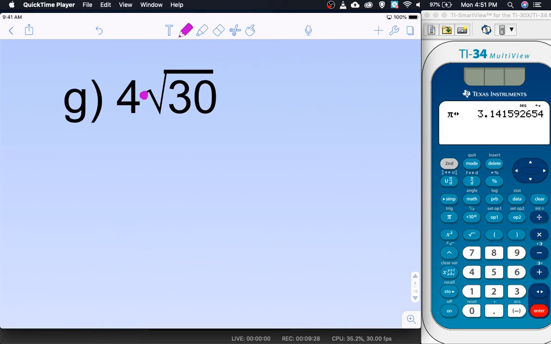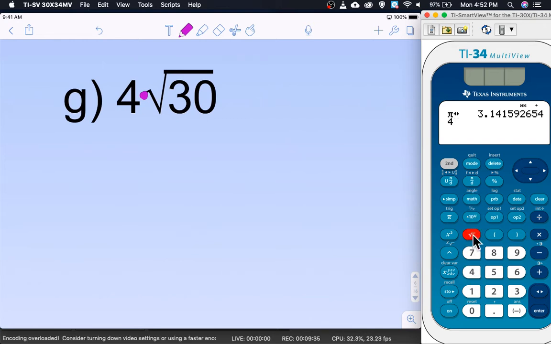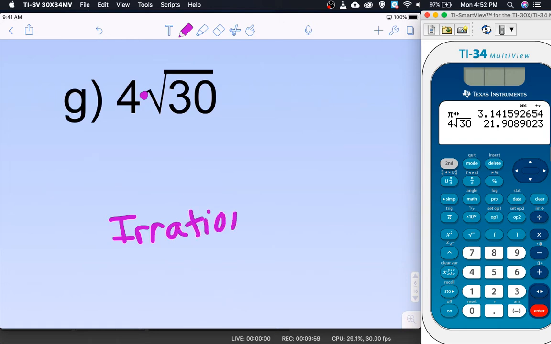Well, a way you could figure this out is you can use your calculator. 4 square root of 30 equals 21.908923. Now, as far as we can see, there is no repeating pattern. So we could say that this is going to be irrational.